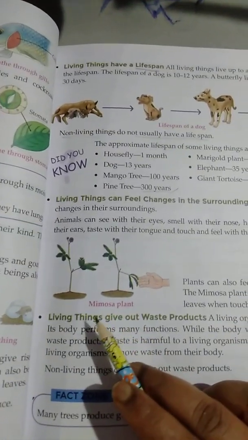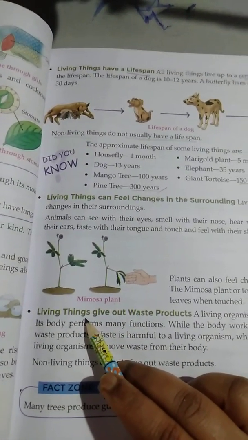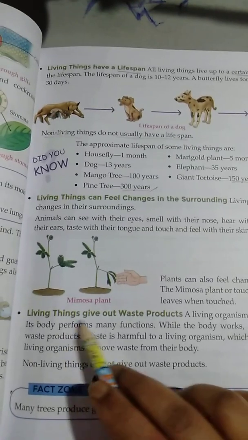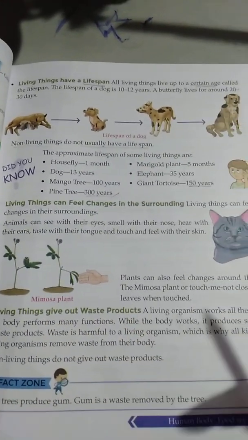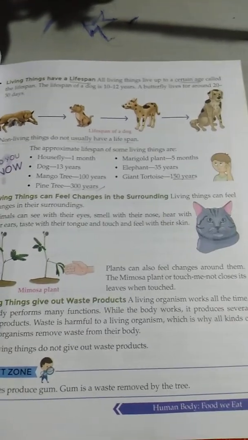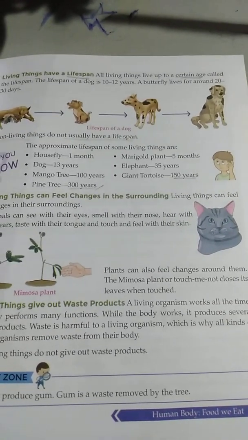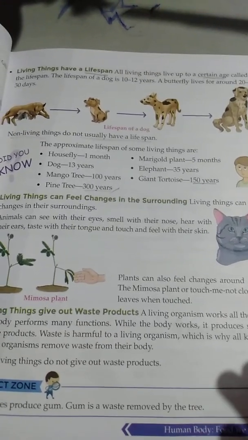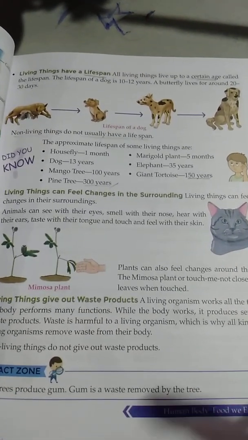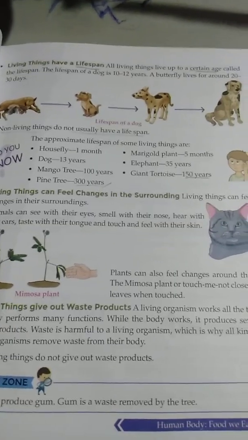Now the last very important point of living things is that living things give out waste products. We eat, we digest, we take all the nutrition to our body, but those which are not good for our body, the waste products, pass out from our body.